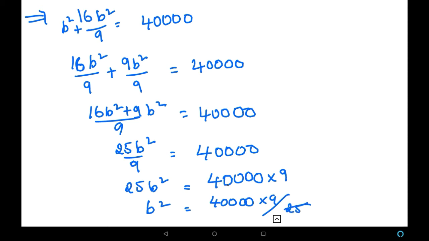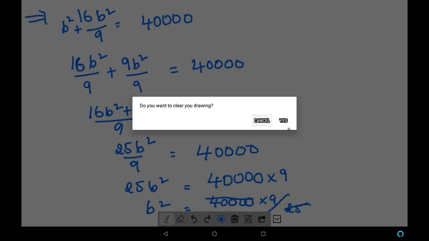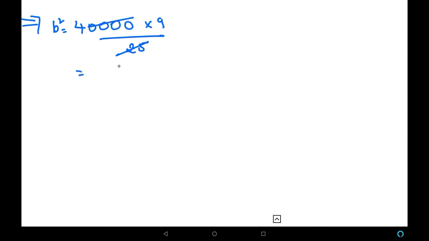Now let us cancel 25 and 40,000. So B square is 40,000 into 9 by 25, and after cancelling we obtain B square is equal to 1600 into 9.